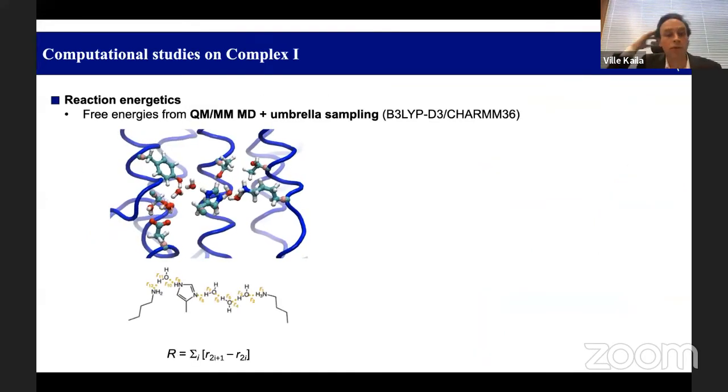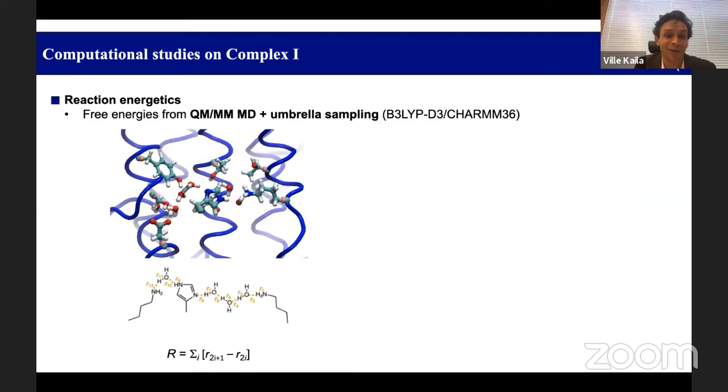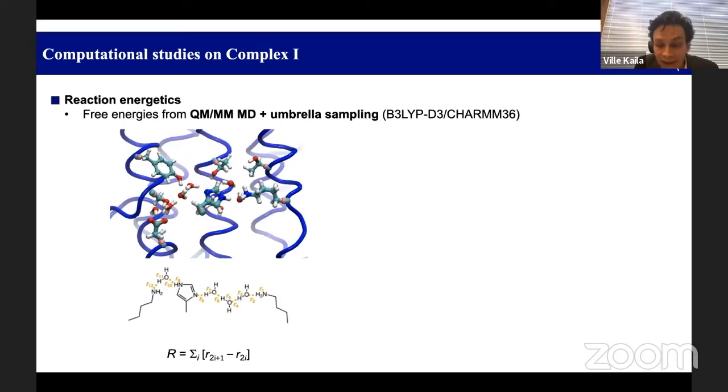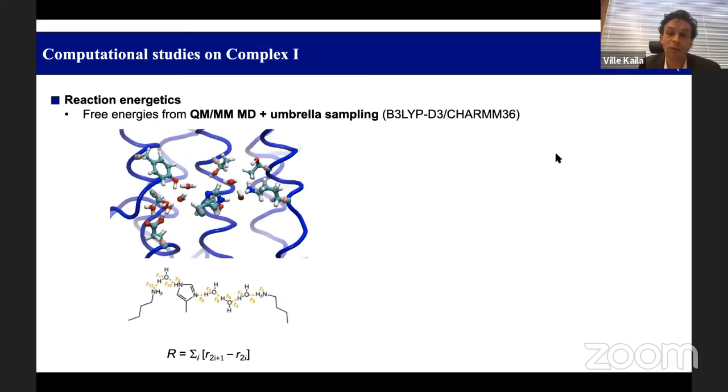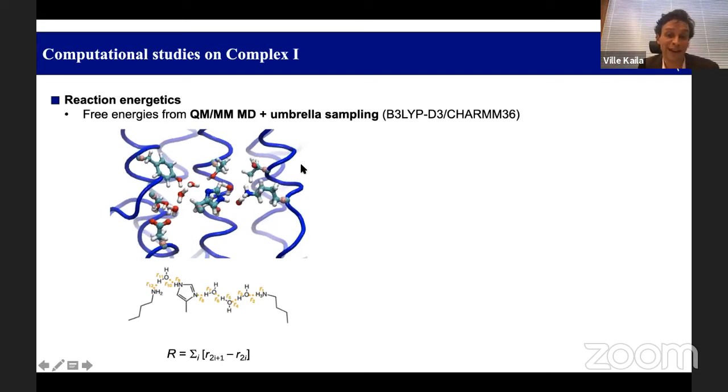But then to study the actual chemistry, we use the QM/MM methods that Alessandra very nicely introduced to you the other day. Here we run very often with hybrid functionals, and it can be plain MD simulations on a QM/MM level, or free energy calculations where you can use something like umbrella sampling.